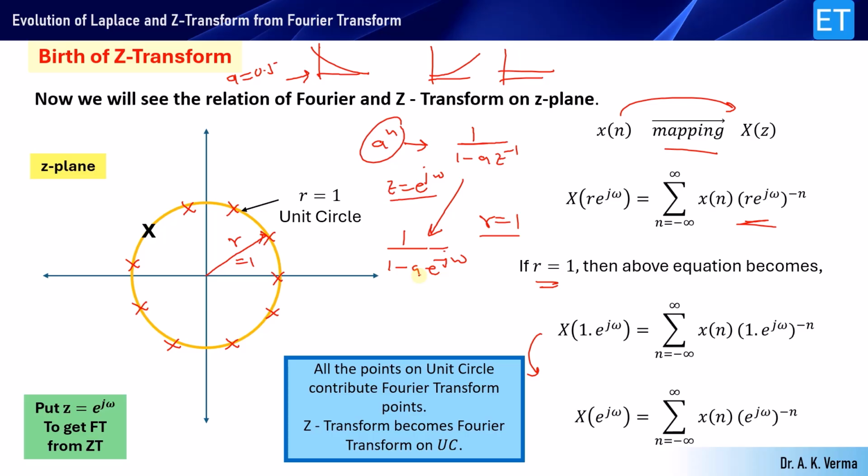Remember, this you can do only for those signals for which the Fourier transform exists. So this is all about this lecture. I hope you have learned how the Laplace transform and Z transform evolved from the Fourier transform.